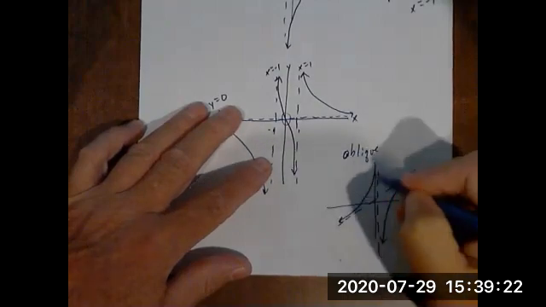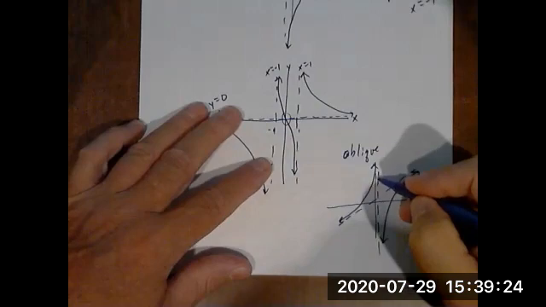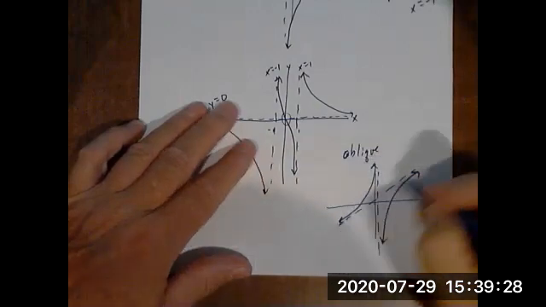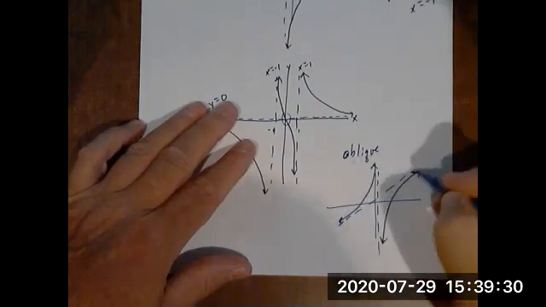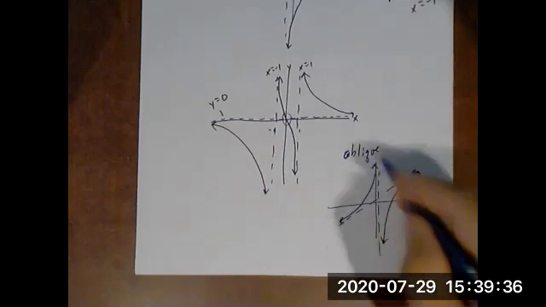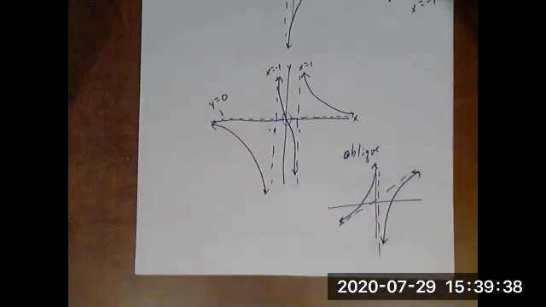So occasionally you might have, so this is a vertical asymptote. This, since it's not horizontal, it's actually at an angle, they call this an oblique asymptote. Now we're not going to cover these now, but you probably will have heard of those or you may come across those.